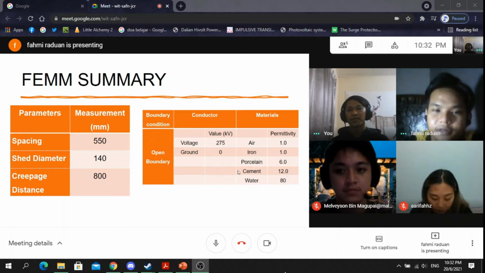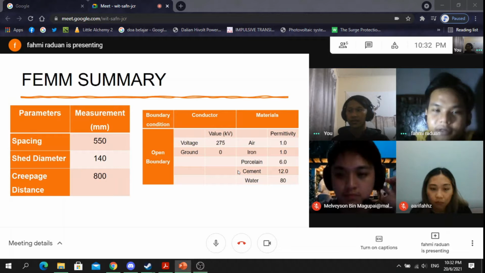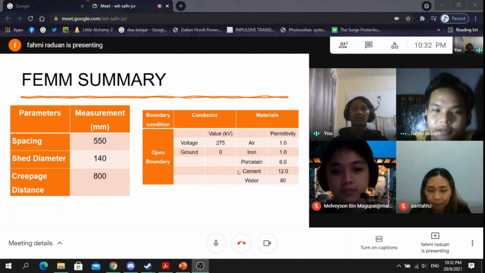Our parameters used in FEMM are spacing 550 mm, shed diameter 140 mm, creepage distance 800 mm. So in FEMM we put the materials of the object.